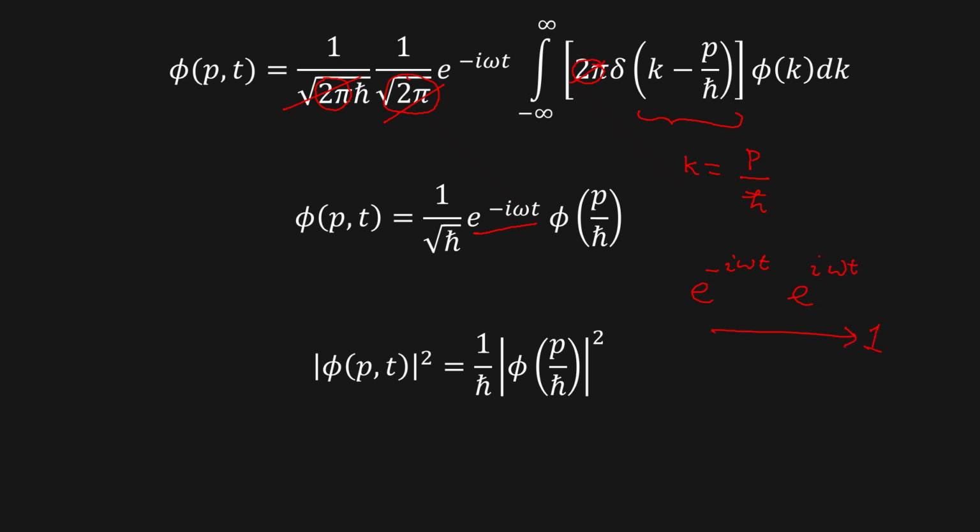So this term will go away. You will get 1 over ħ times the modulus square of φ(p/ħ). So you can see the left hand side is time dependent, while the right hand side has no time dependence. So the modulus square of Φ(p,t) is independent of time. So we have solved this problem.